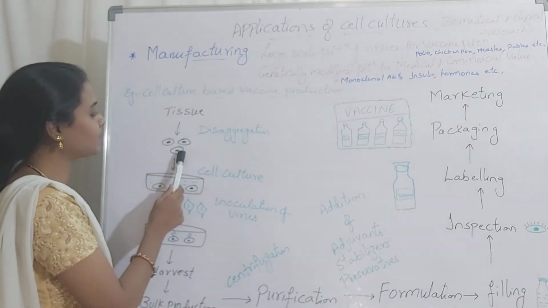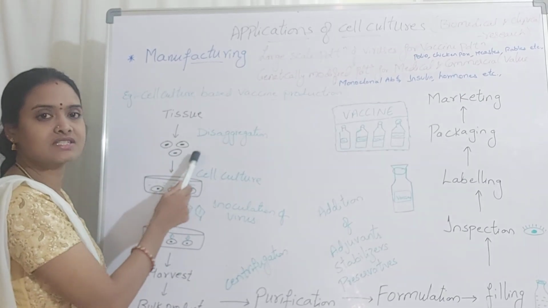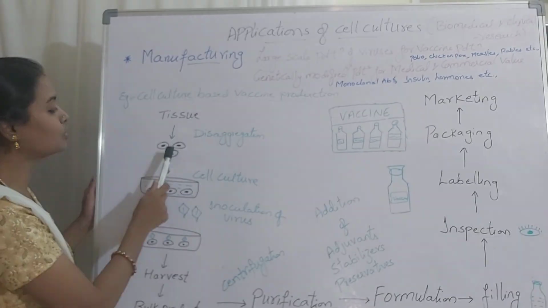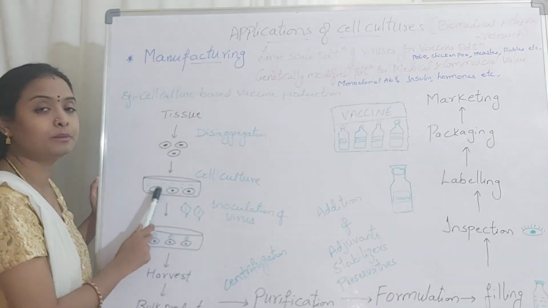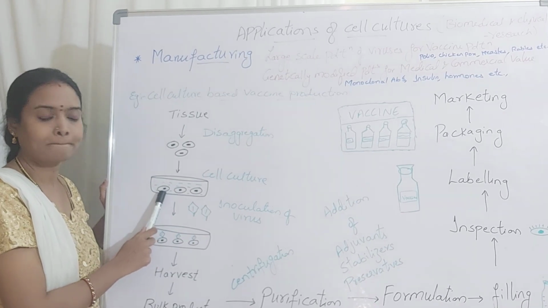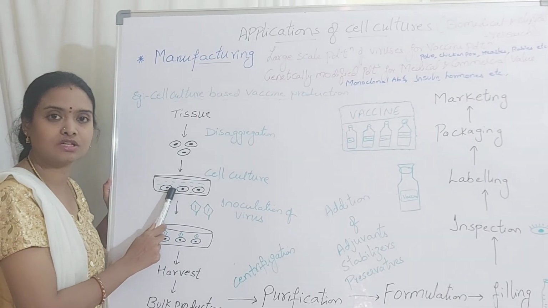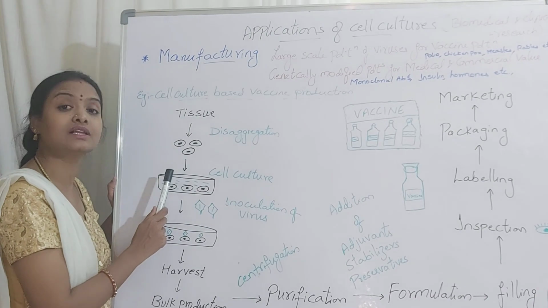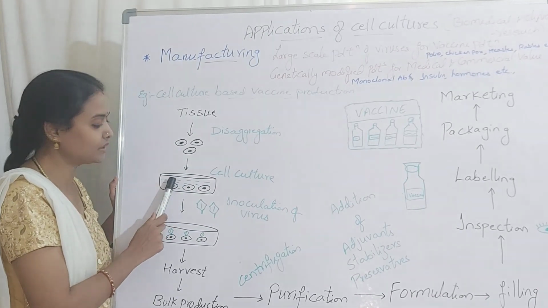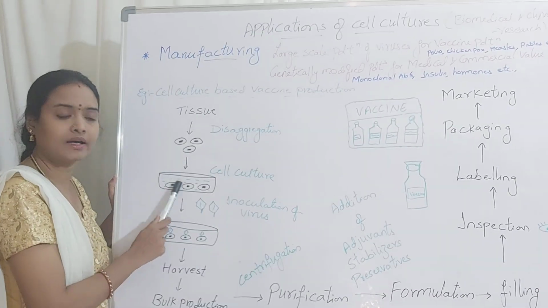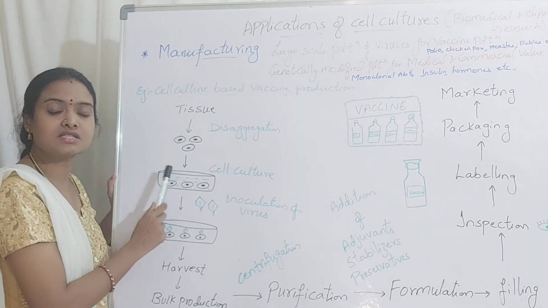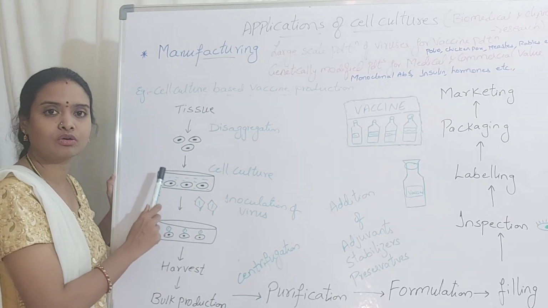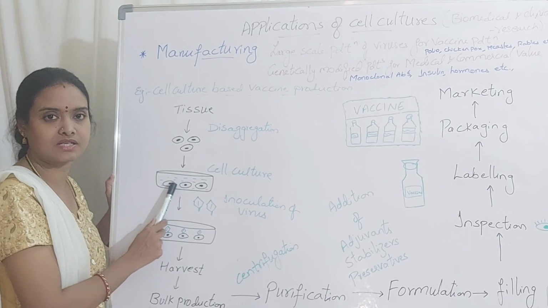Once you obtain the separated cells, you inoculate them in animal tissue culture media, under favorable conditions of pH and temperature, placed in the CO2 incubator where you provide 4 to 5% CO2.